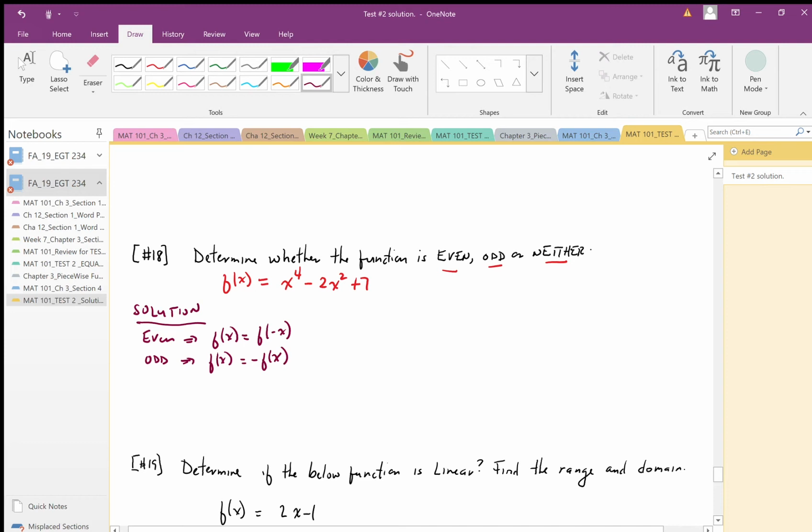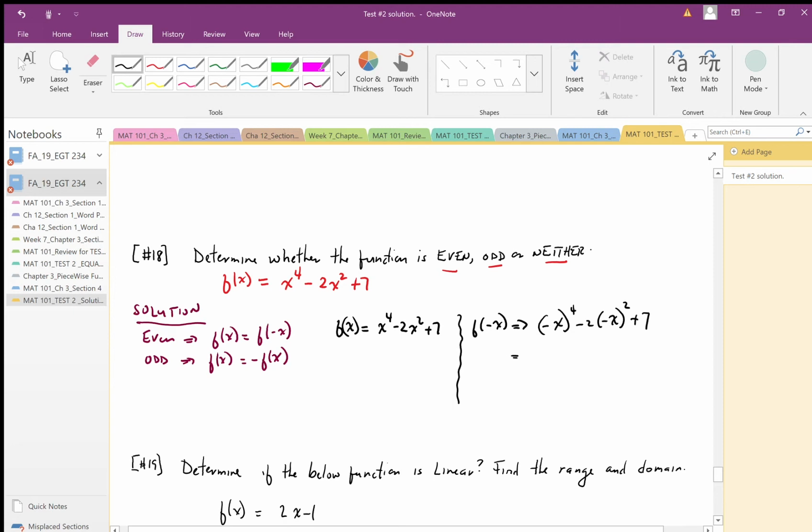Okay, so in this case, we see here that our f of x equals x to the 4 minus 2x squared plus 7. Okay, let's try f of negative x. And what do we get here? So we're going to get negative x to the 4 minus 2 into negative x squared plus 7.